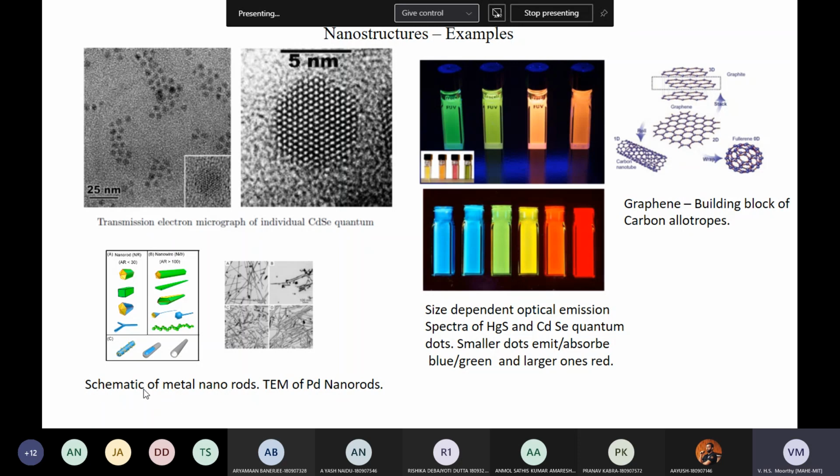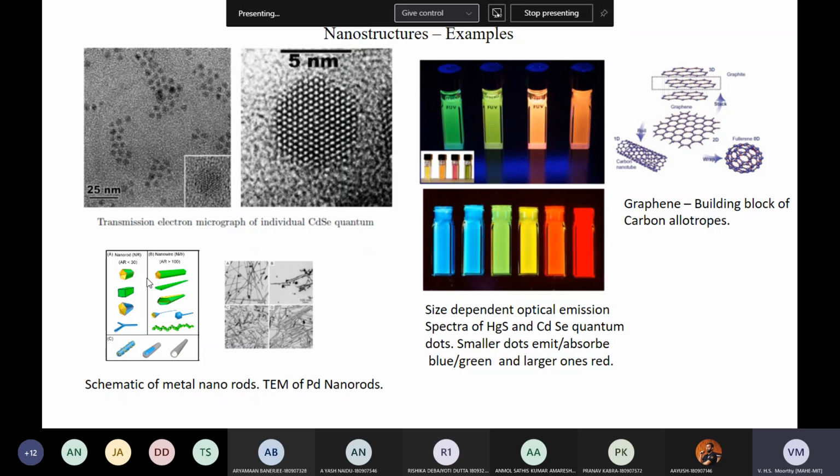And then we have metal nanorods. You see metal nanorods are there. Now, TEM of palladium, Pd, means palladium nanorods. So are you seeing these? I hope you understand what I'm trying to say. It is showing like a line, but they are rods because they are in nano dimensions.